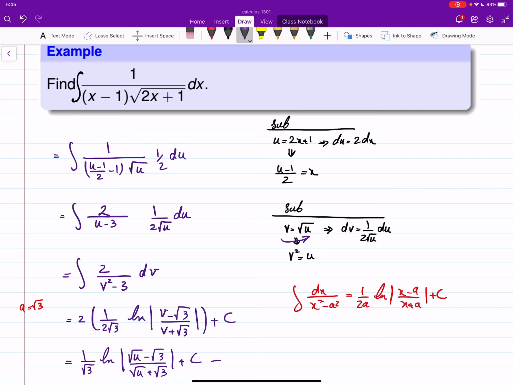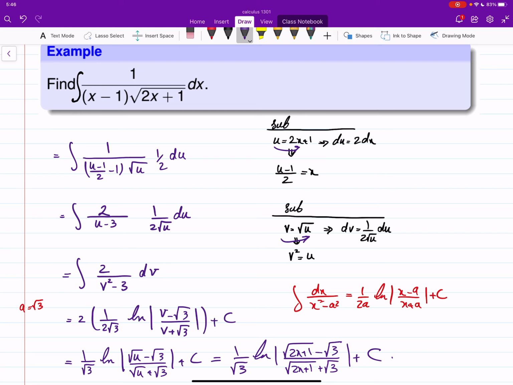And then another step for u, we plug in 2x plus 1. So ln of (square root of 2x plus 1 minus root 3) over (square root of 2x plus 1 plus root 3).